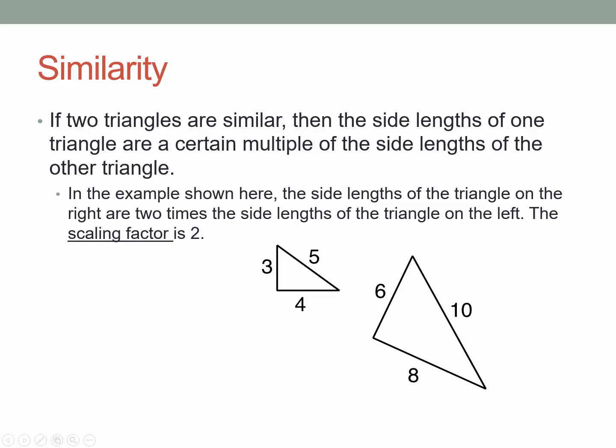That is to say, I could take the smaller one, the one whose side lengths are 3, 4, and 5, and I could move it over to the right and rotate it and then finally expand it so that it became a triangle whose side lengths were 6, 8, and 10. Now, if we're concerned with just the scaling part of the operation, never mind the translation and the rotation, what we've done is to scale by a factor of 2. That is to say, all the side lengths have been multiplied by 2.